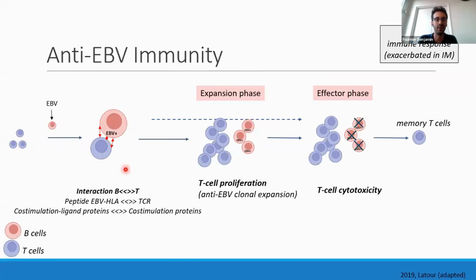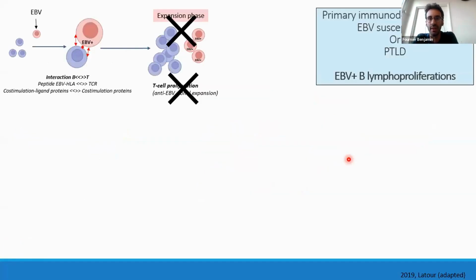So the T cells will enter in close communication and form a synapse with the infected B cells through co-stimulation molecules and TCR. And then you will have this strong T-cell proliferation, and then the expansion phase, which will lead to the effector phase, where the T cell will use perforin and granzyme to kill the infected EBV B cells.